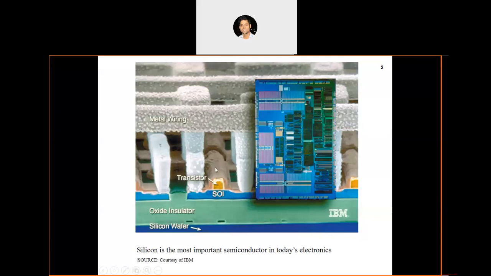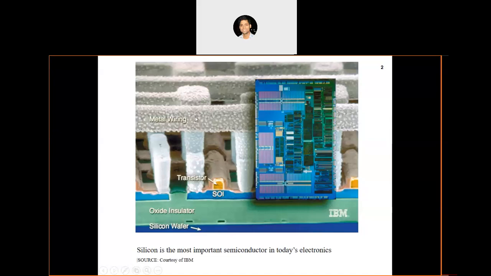And then all these different devices are connected by these metal interconnects. This is written as metal wiring, and these are connecting the different devices. Basically, you are making the circuit which you want to make using these metal wires. Because in the circuit you will have different types of devices, all of those are connected using this metal wiring.